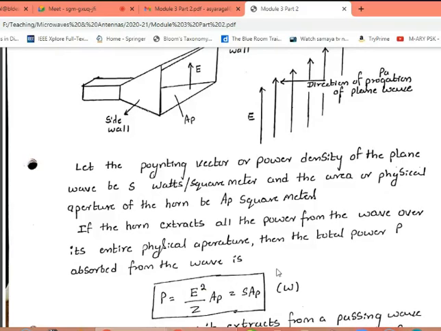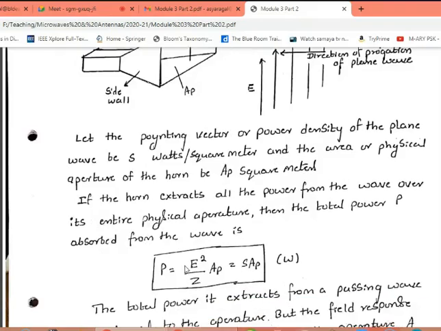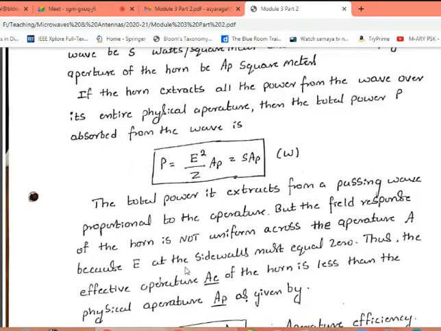This could also be written as P equals S into AP. It tells how much power is absorbed by the physical aperture of the rectangular horn antenna when a wave is incident. E squared divided by the impedance Z into the physical area, that is S into AP. S is the power density. Now, the total power it extracts from the passing wave is proportional to the aperture.